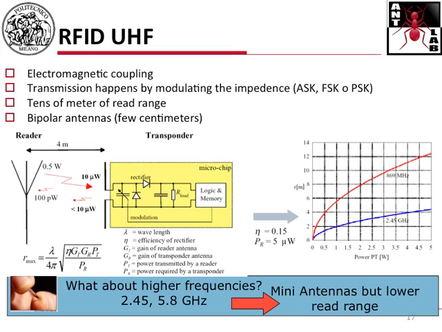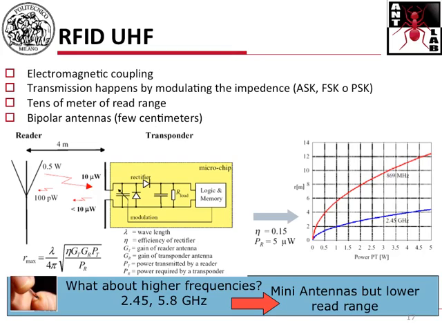So if you look at the graph on the right-hand side here, this is telling you, given a limited power for the reader, what's the average maximum range you can get out of that specific transmitted power for two different frequencies. This is 800-something megahertz, and this is 2.45 gigahertz.